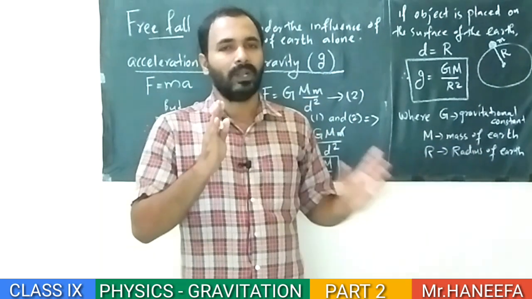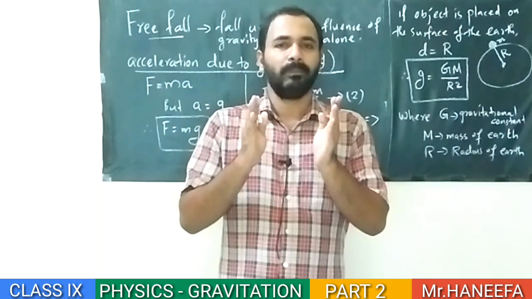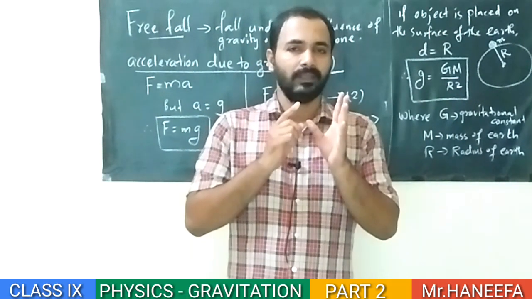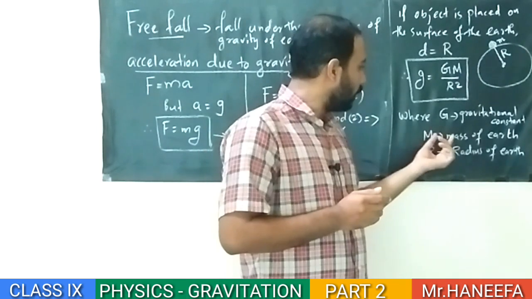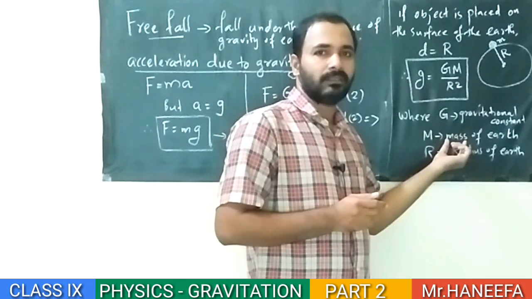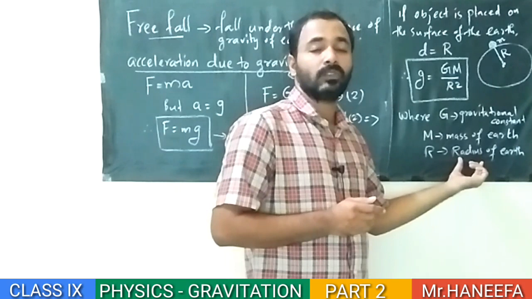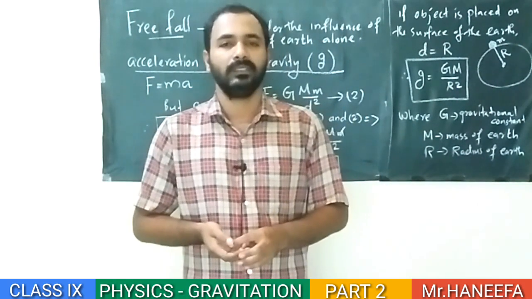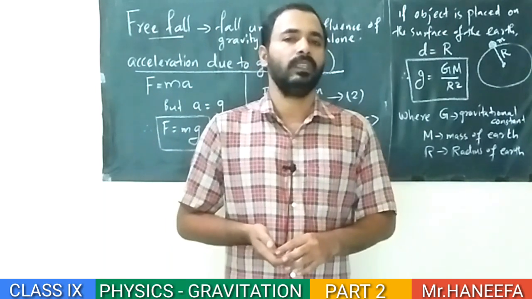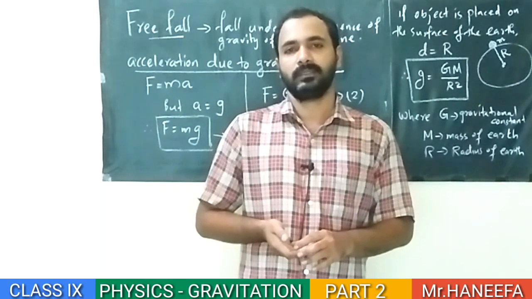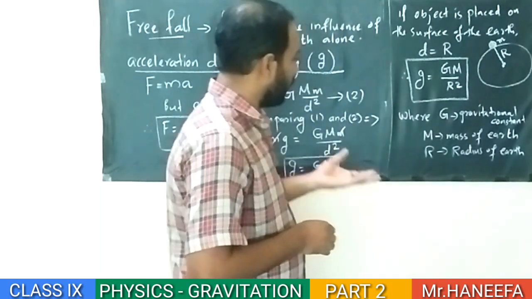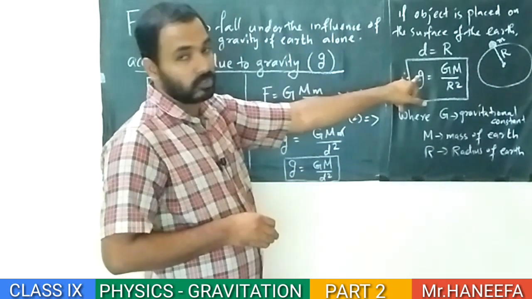Okay, so what are the factors on which acceleration due to gravity depends? Acceleration due to gravity depends on mass of the earth and radius of the earth. This acceleration due to gravity is independent of the mass of the objects.